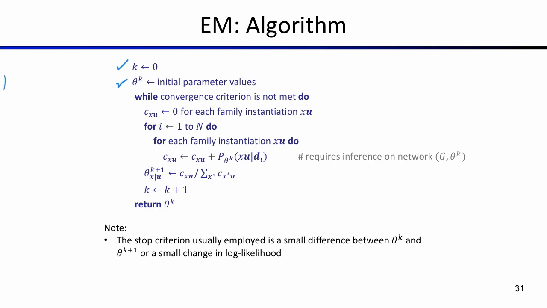The next step is going to be this while loop here that we're going to iterate while we do not reach convergence. There are many ways to establish convergence. One of them is to look at the parameters in 2 consecutive iterations and measure the difference. And if this difference is very small, we can stop the algorithm and say that it has converged.